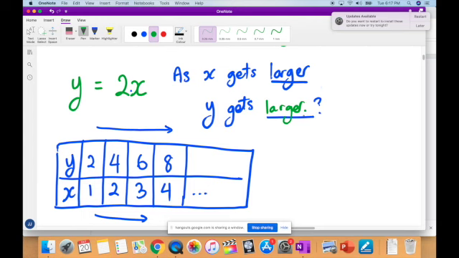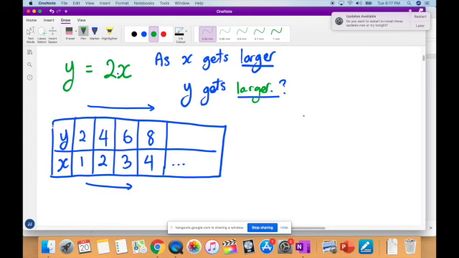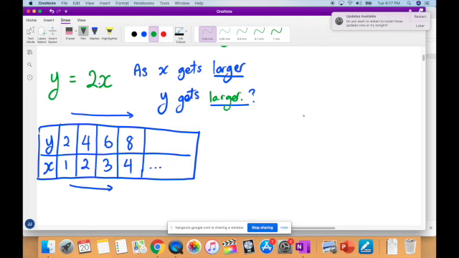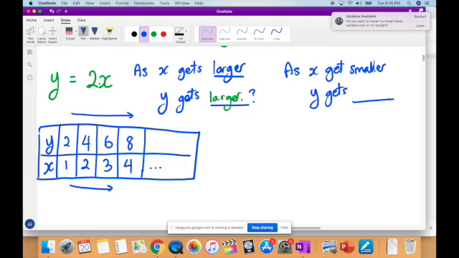Let me ask you something. For this same equation, y is equal to 2x, as x gets smaller, y gets what? Smaller.